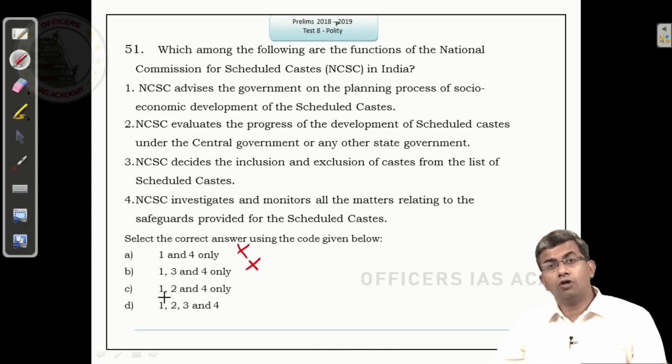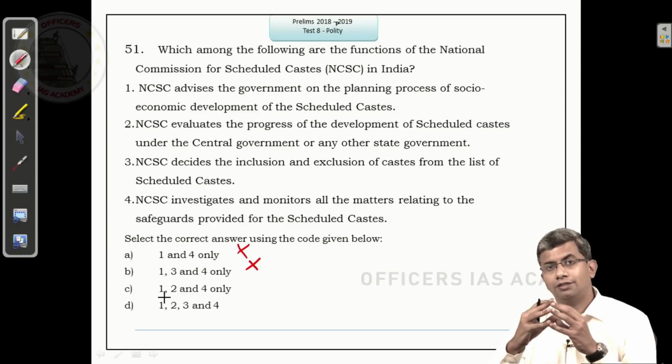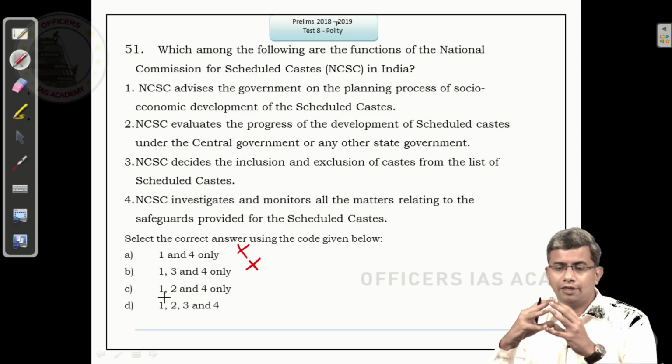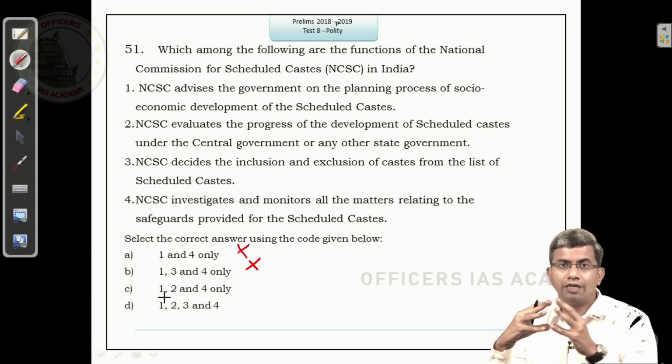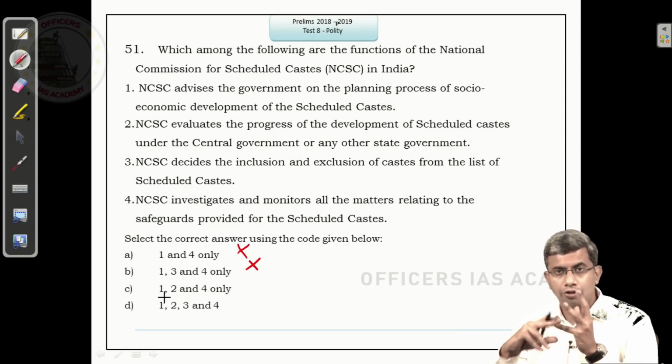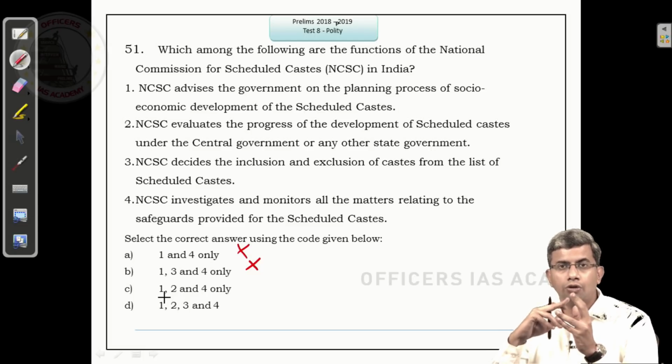But who decides on inclusion and exclusion of a caste from the list of scheduled castes? It is the Parliament. It is not the NCSC, but a parliamentary law which can include or exclude scheduled castes, and scheduled tribes.